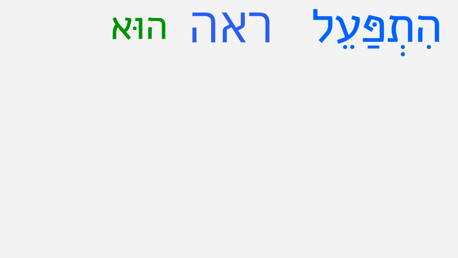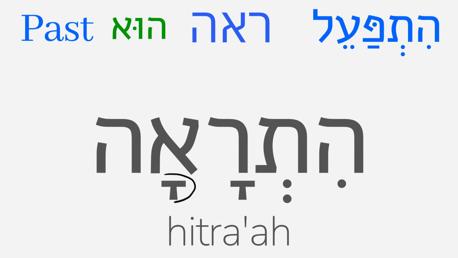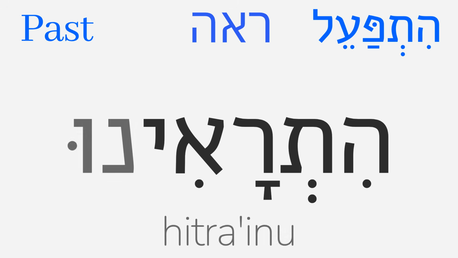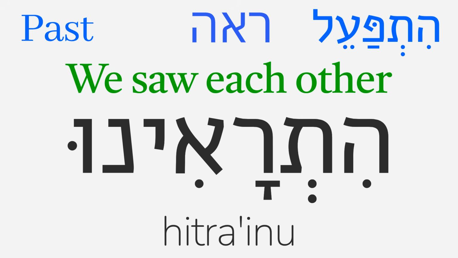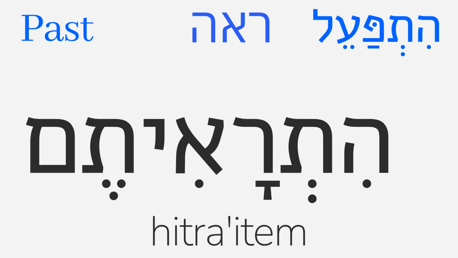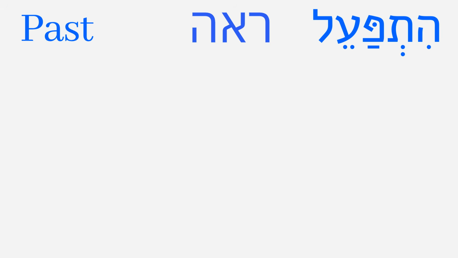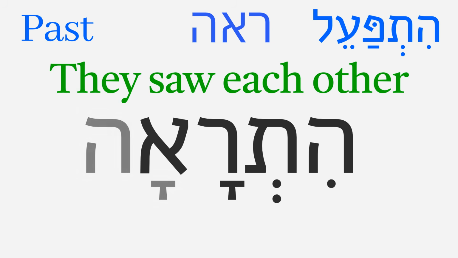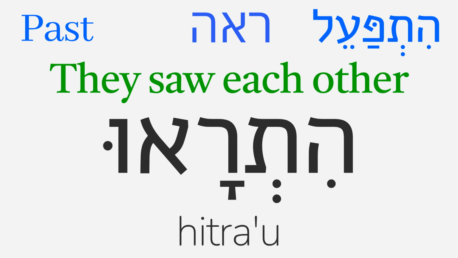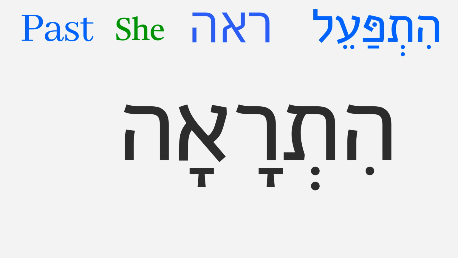The he form of the past tense has a kamatz as its last vowel, hitra'ah, which in many forms will change to e. Hitra'inu, we saw each other, or hitra'item, you saw each other, masculine plural. The they form removes the ending in hitra'ah and adds its u ending. Hitra'u, they saw each other. The she form is always quite irregular when the third root letter is hey.